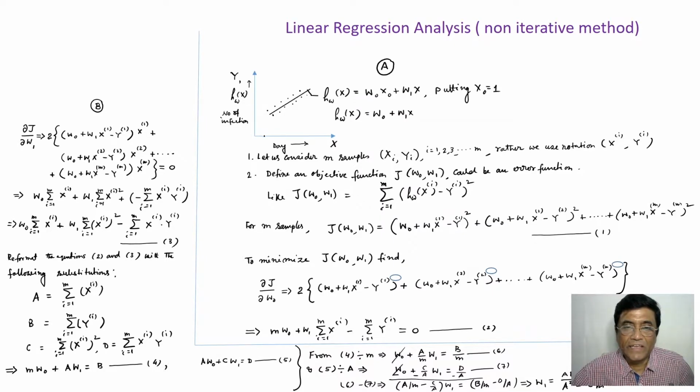Say each day I have this many infections, and these are the ground truth. Means for x1 this is y1, x2 y2. You understand, right? So this is day and the y-axis is number of infections.